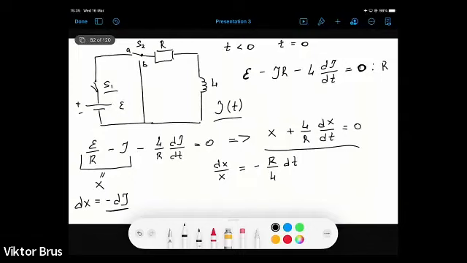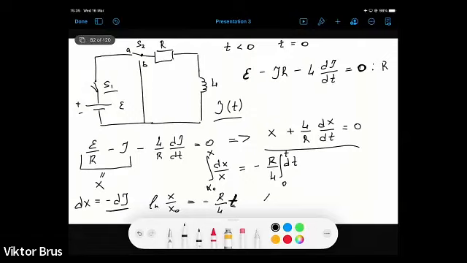Now we need to integrate it and get the solution for this equation. We integrate from x naught to x, and here from 0 to some time t. So we will get the natural logarithm of x over x naught, and that will be equal to minus R divided by L times t.